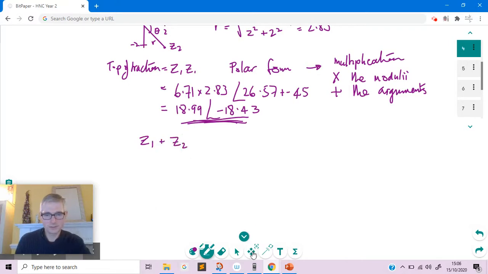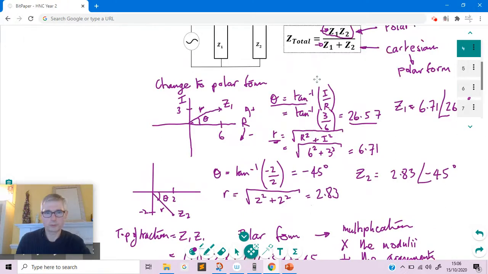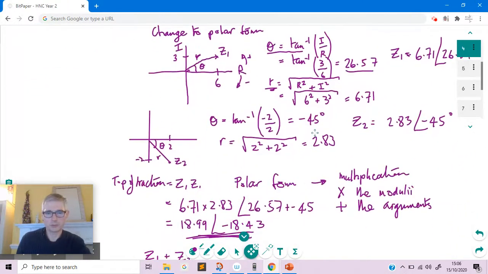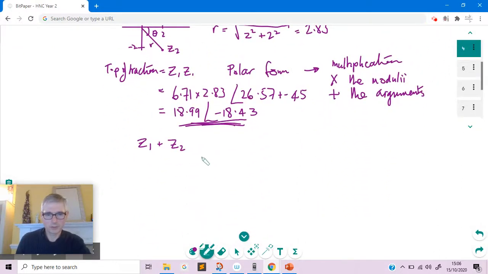So let me just remember what those two were. Those two are 6 plus J3 and 2 minus J2. So 6 plus J3 was the first one. We're going to add to it 2 minus J2. So we're going to add them together. And when we're adding complex numbers in Cartesian form, what we do is we add the real parts together and we add the imaginary parts together, and we do those separately.